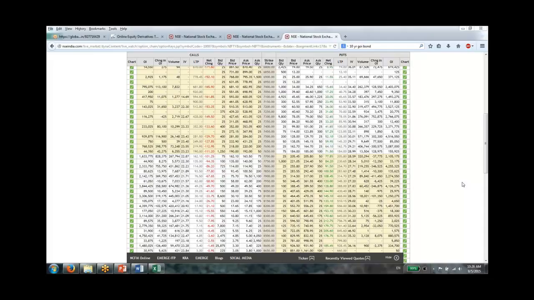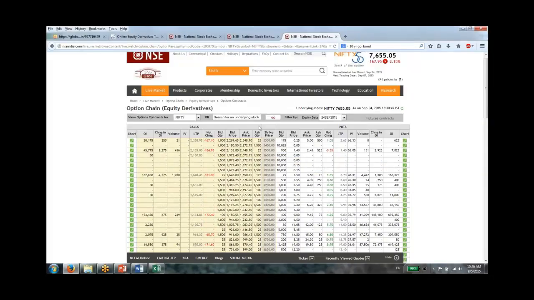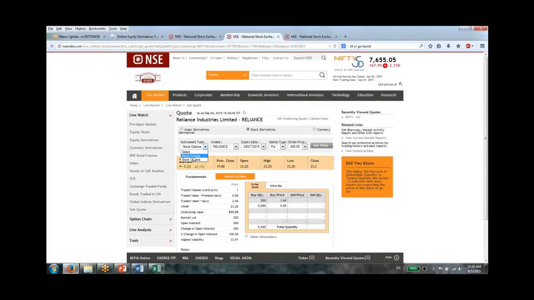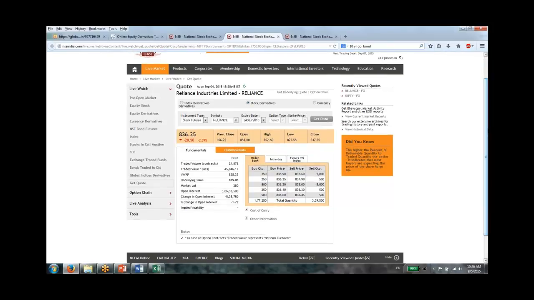It's mostly futures open interest that you can draw these conclusions from. Take the open interest of Reliance futures, say the Reliance 24th September stock futures.